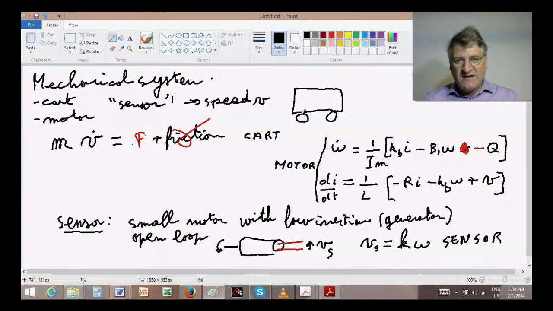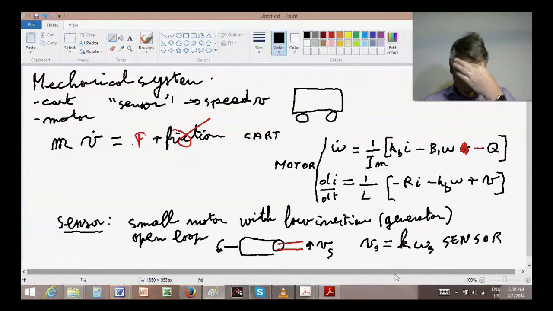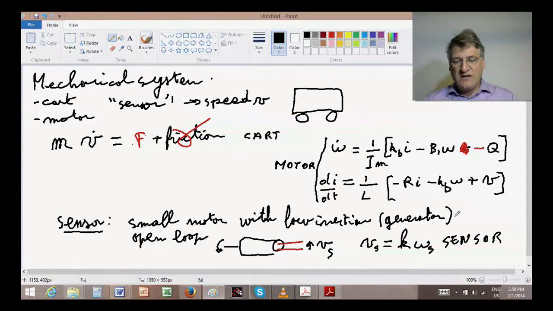Using the appropriate gear mechanism, we can say that if we call omega s the angular speed of the measurement motor, which is used as a generator, pretty much like in a Prius when you are in braking mode, or like a dynamo as mounted on your bicycle.